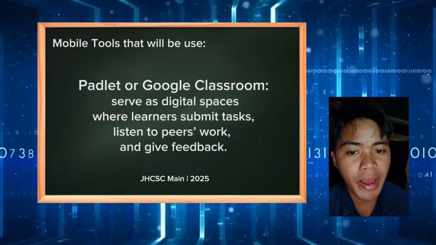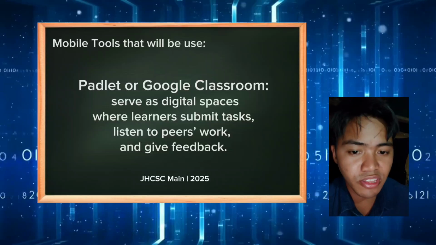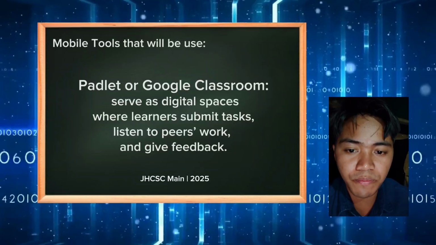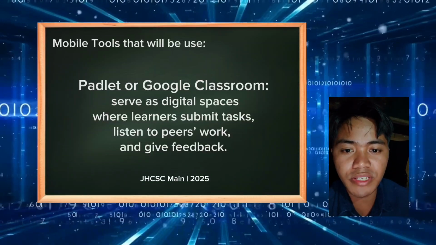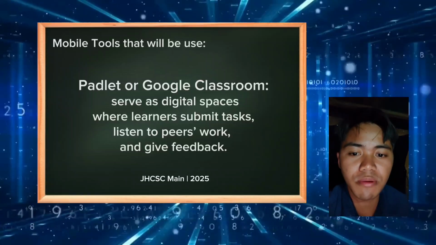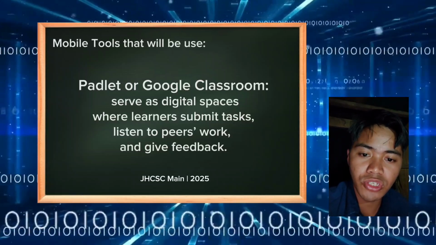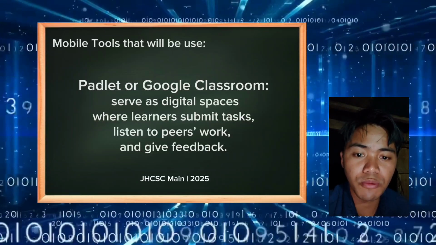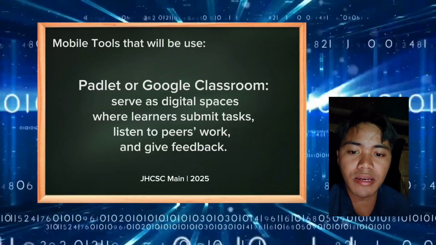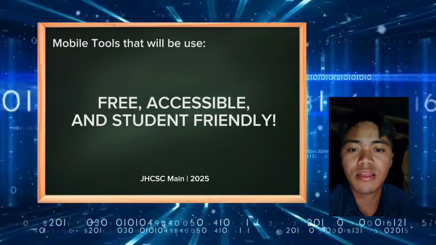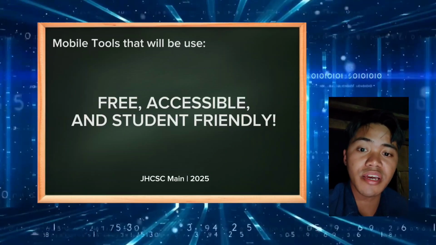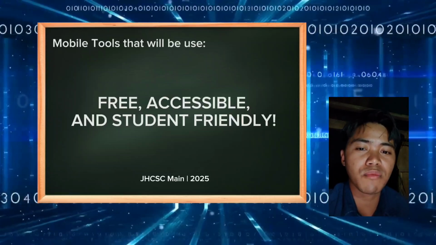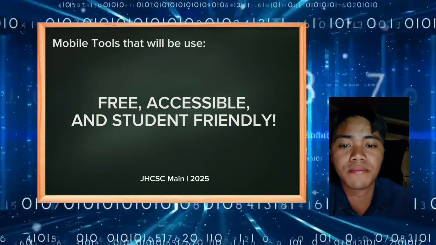And lastly, we have Padlet, or alternatively Google Classroom. This will serve as a digital space where learners submit tasks, listen to peers' work, and give feedback. These tools are selected because they are free, accessible, and most of all, student-friendly.